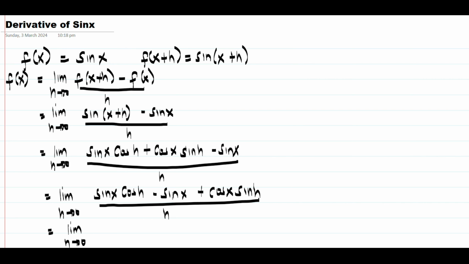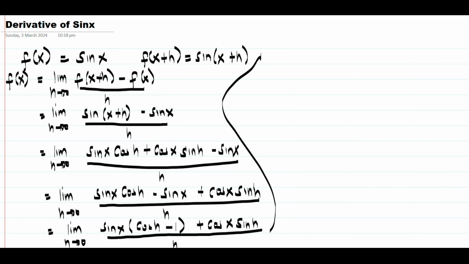Since we have sine x in common, let us factor this one. Sine x cosine h divided by sine x is cosine h, and then negative sine x divided by sine x is negative 1, and then let us write cosine x sine h all over h.